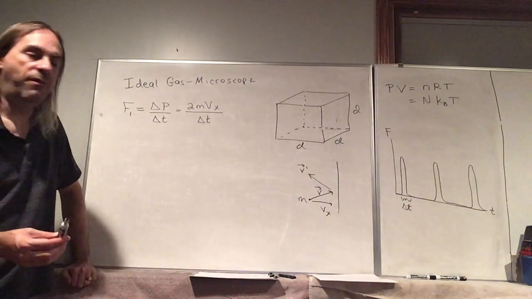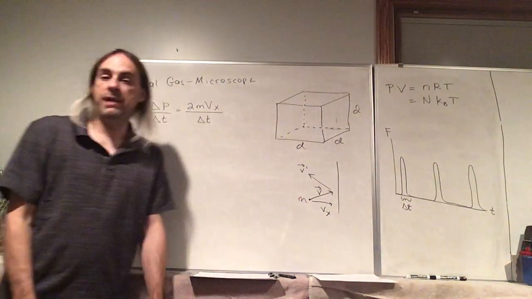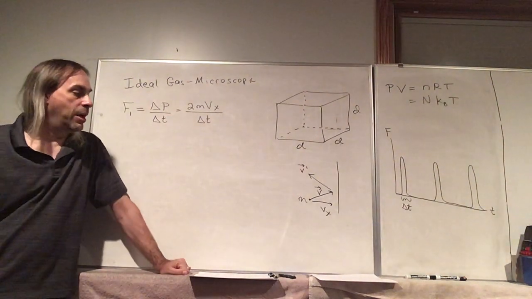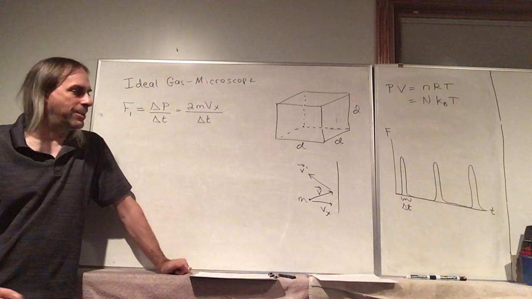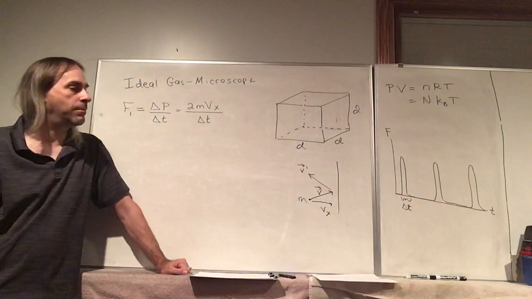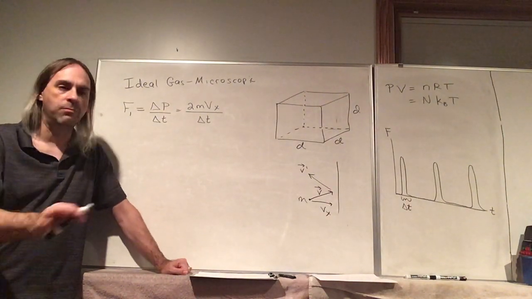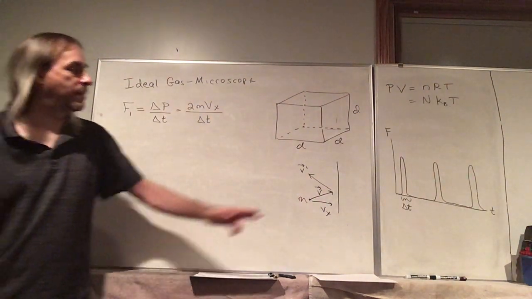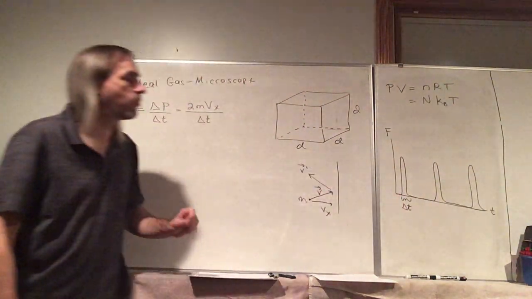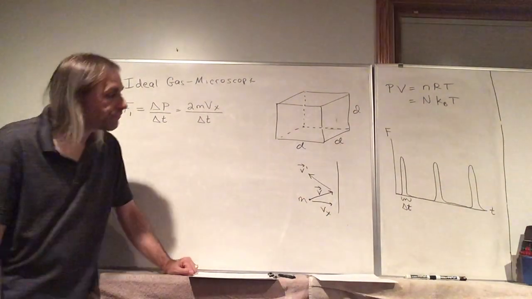Typically the force is 0 until there's a collision. If the molecule is significantly far away from the wall, it doesn't exert any significant force on it. And of course there's things like gravity, but they're completely insignificant. But when it hits the wall, there's going to be a relatively large but very short duration force.